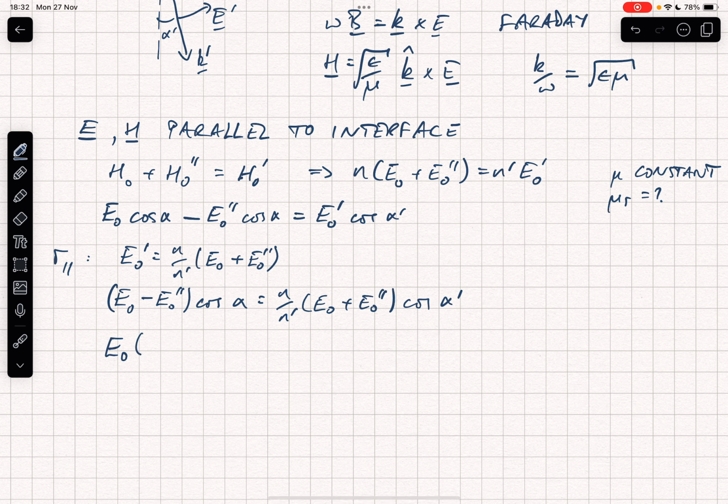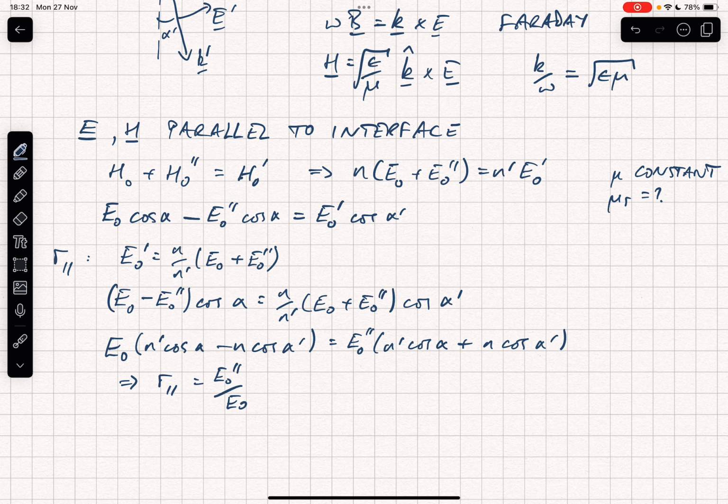We find that E0 into (n prime cos alpha minus n cos alpha prime) is equal to E0 double prime into (n prime cos alpha plus n cos alpha prime), and therefore R parallel, which is just E0 double prime divided by E0, is equal to (n prime cos alpha minus n cos alpha prime) divided by (n prime cos alpha plus n cos alpha prime), and I missed out a prime up there.